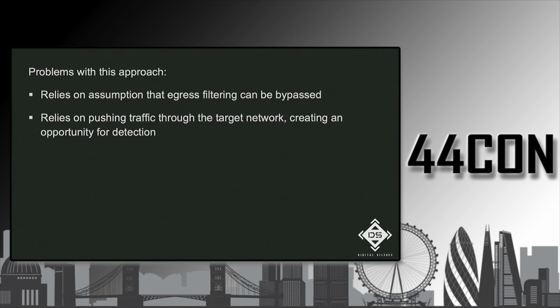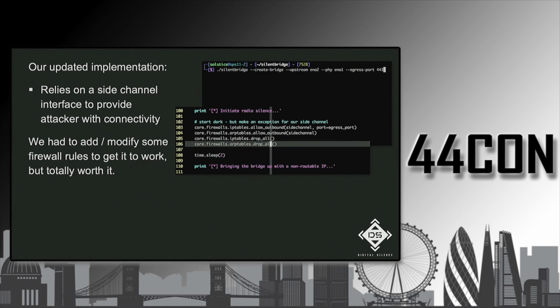There are drawbacks to this approach, though, which a few years later we can actually mitigate. The first problem is that it relies on the assumption that egress filtering can be bypassed, which you can't always rely on, even if you have the outgoing connection. The other issue is that pushing traffic through the target network creates another opportunity for detection.